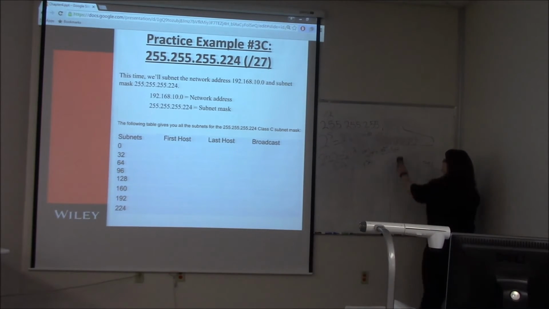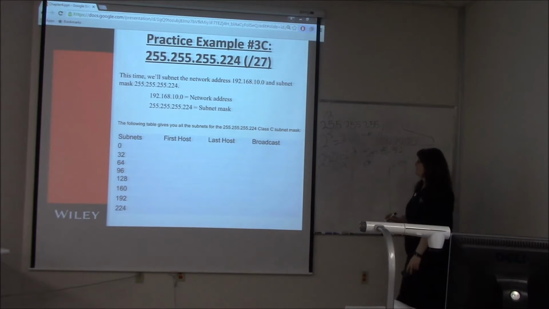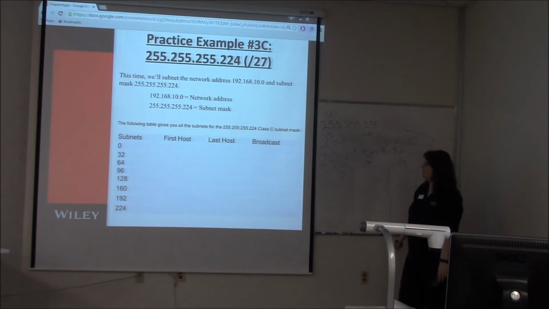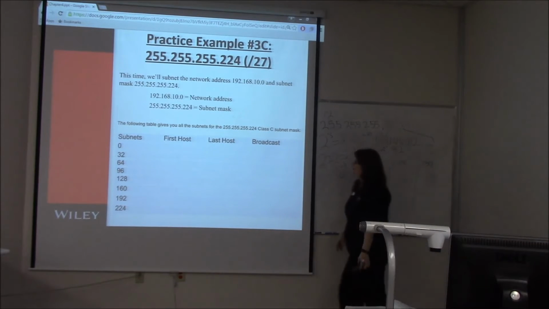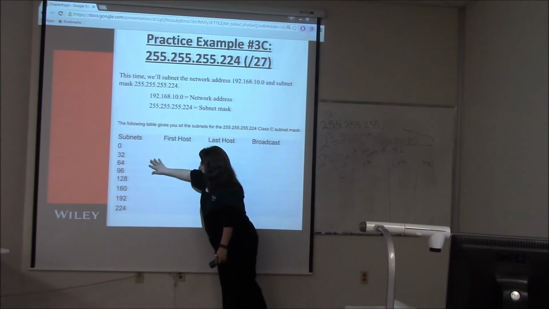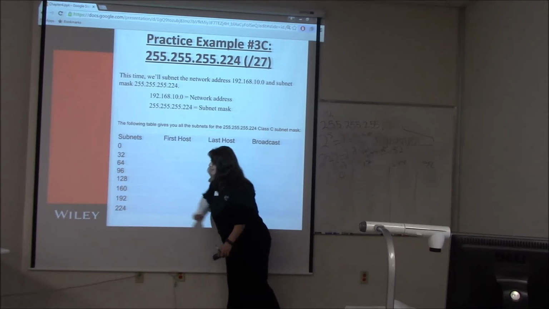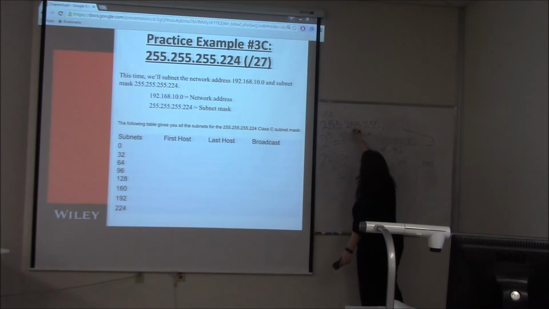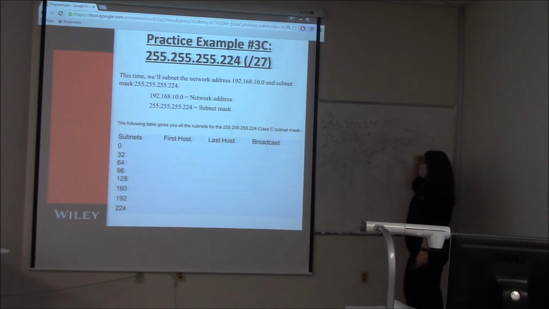Now what's my increment size going to be? 32. So if I start with 0, as you can see over here, and I increment by 32 every time, I'm going to have 1, 2, 3, 4, 5, 6, 7, 8 subnets, which is good because 2 to the 3rd equals 8. Right?